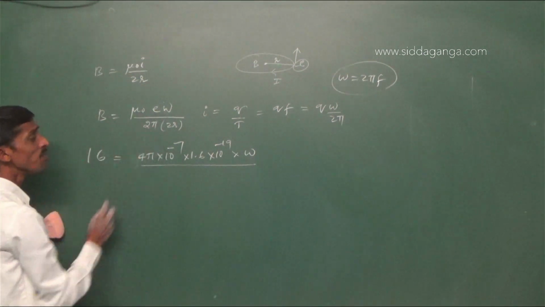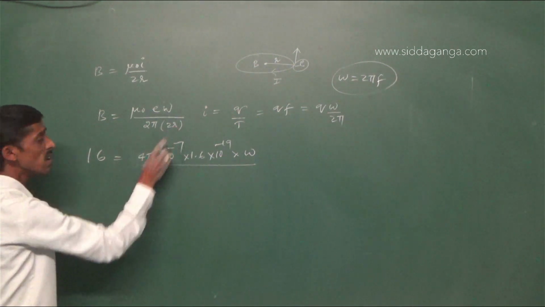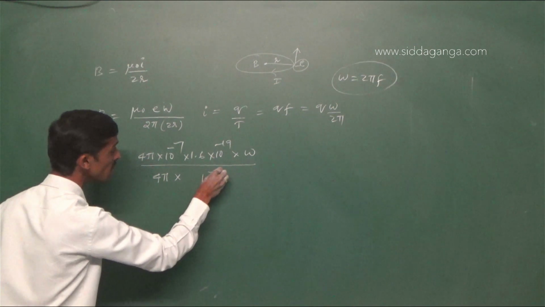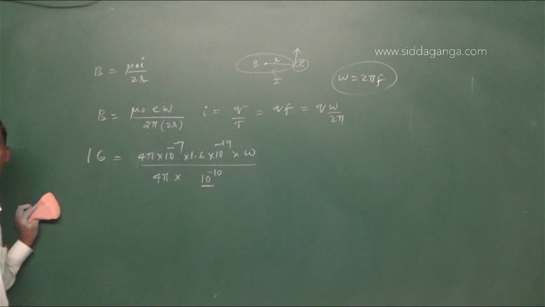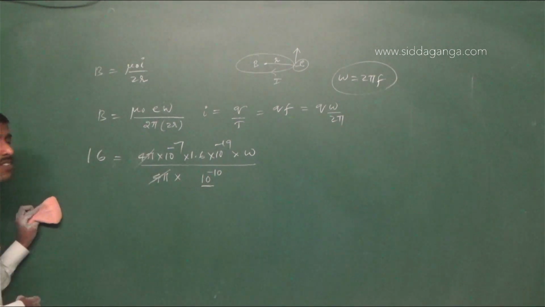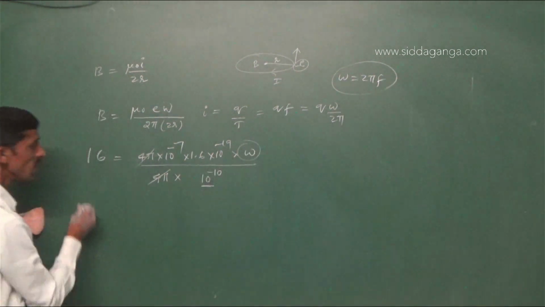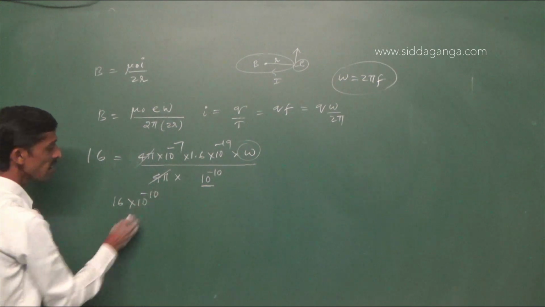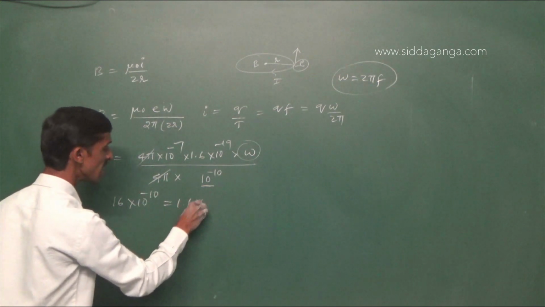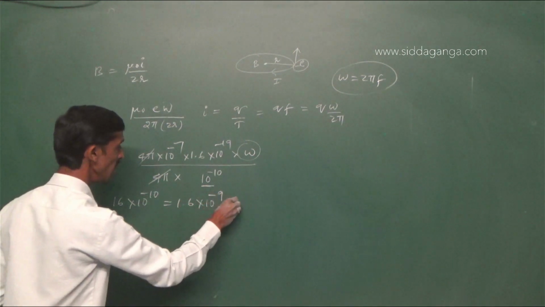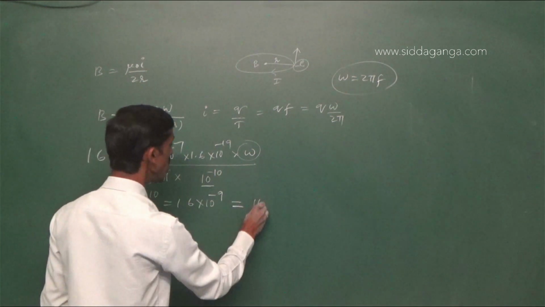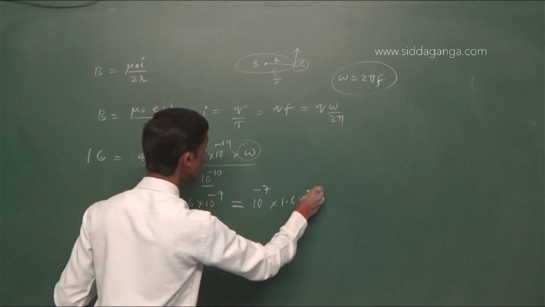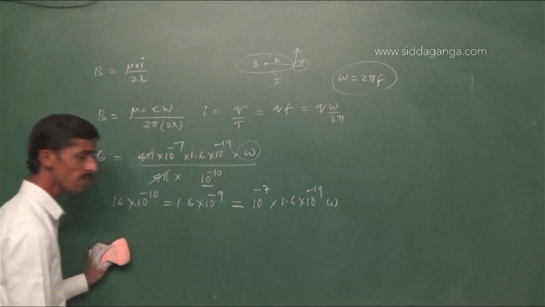Look here, 2 pi into 2r is nothing but 4 pi into r. r is nothing but 1 angstrom unit. So 4 pi cancel. For omega, 16 into 10 raised to minus 10, which is 1.6 into 10 raised to minus 9, is equal to the remaining value: 10 to the power of minus 7 into 1.6 into 10 to the power of minus 19 into omega.